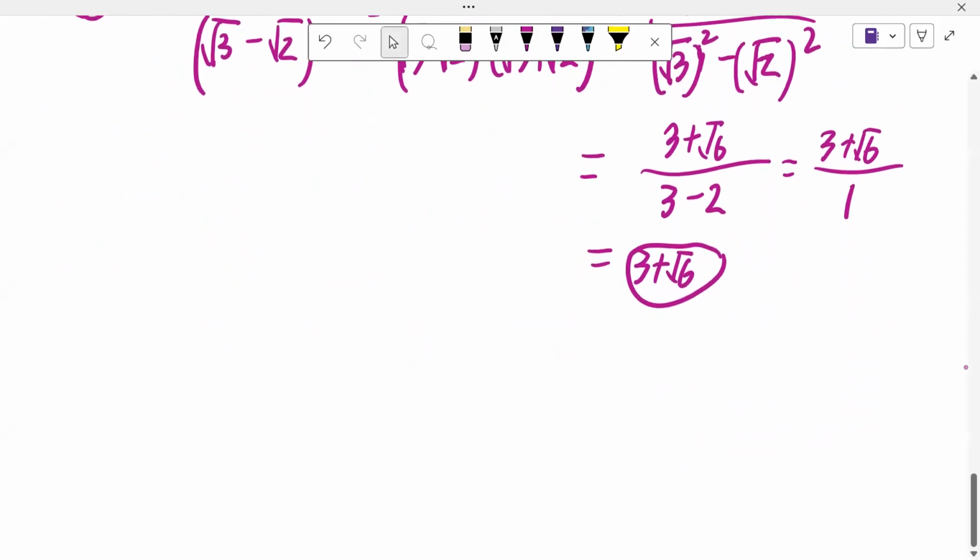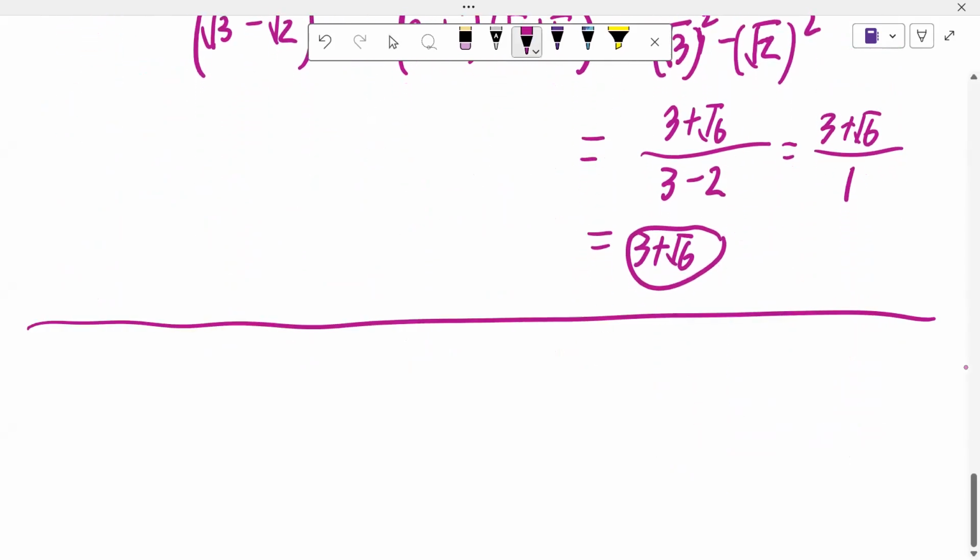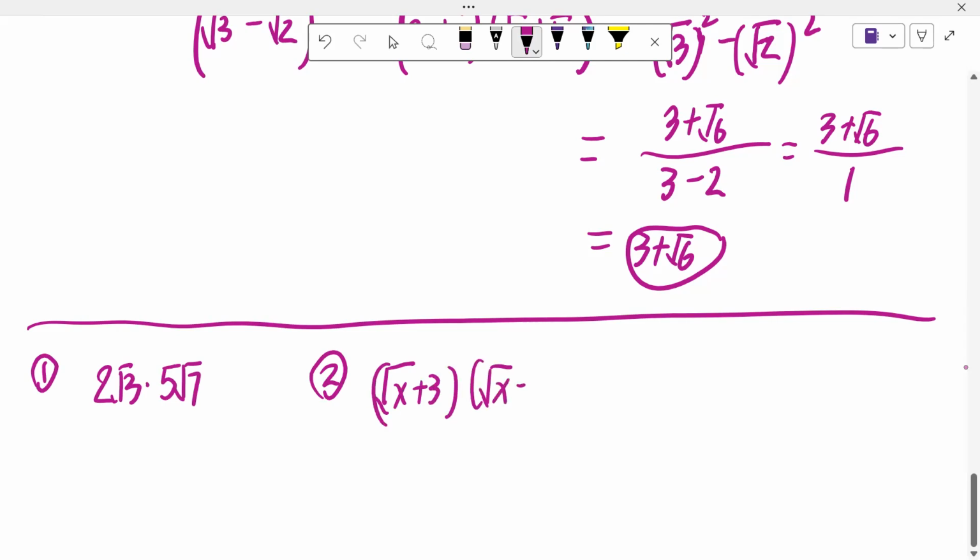You guys try some of these questions. Let's see if you understand how to simplify this. Starting with the first one, 2 radical 3 times 5 radical 7. Second one, we got square root x plus 3 times square root x minus 7.